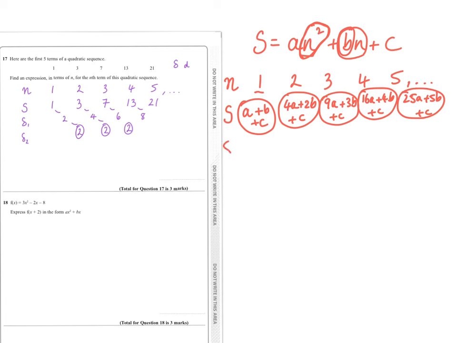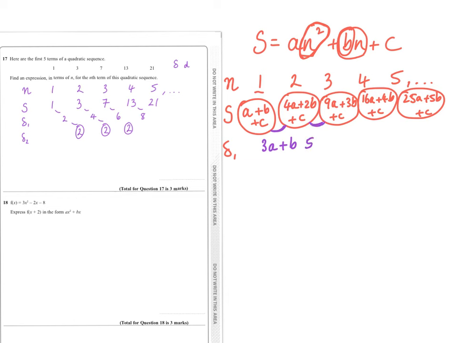Now if I look at the first difference here, and this is going somewhere, so bear with me, how different are these two bubbles here? So if I want to go from a plus b plus c to 4a plus 2b plus c, then I don't need any c's, I need 3 a's, and I need a b. What about the difference between these two?